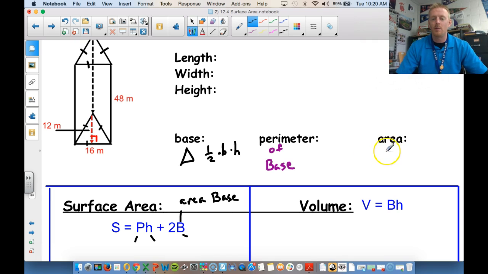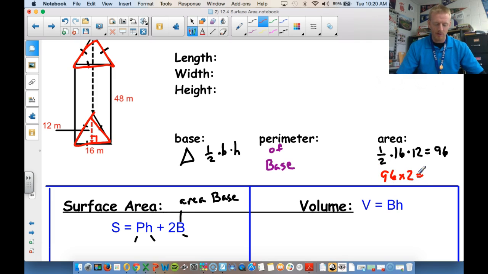So our area for one of the triangles would be again 1/2 times 16 times 12, which is equal to 96. But then we have two triangles. We have the triangle that's the front, and we have the triangle that's the back. So then we're going to take that 96 times 2, and that's what we get for the area of our triangles, which is 192.